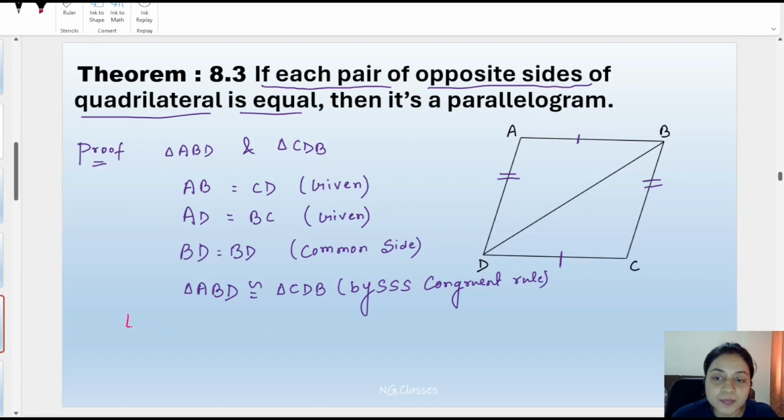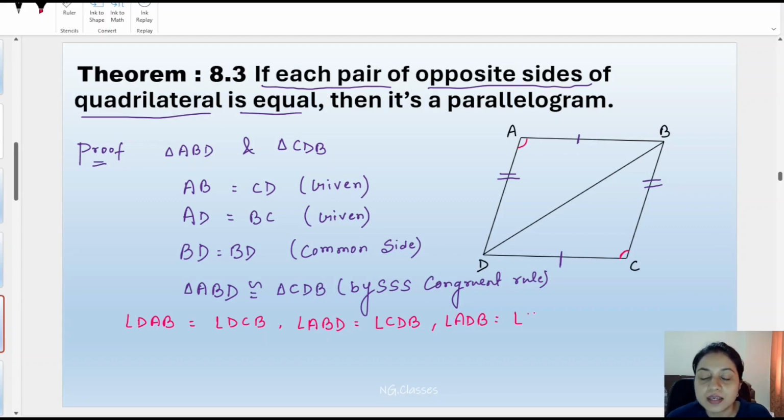So, angle DAB will be equal to angle DCB. Similarly, angle ABD is equal to angle CDB, and angle ADB is equal to angle CBD. So these are pairs of corresponding angles which will be equal.